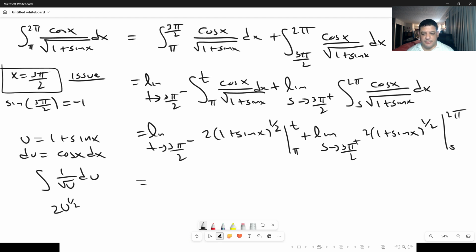So in this situation, we're going to have the limit when t goes to 3 pi half of 2 times 1 plus sine of t to the 1/2, minus, and this becomes a 2. And at pi, sine of pi is 0, so this becomes 1, so this whole thing becomes a 2.